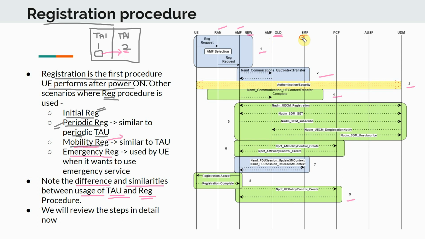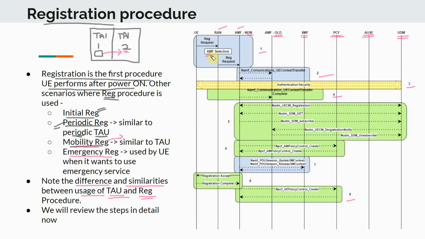Then we have the session management function, the policy control function, the authorization user subscription function, and the unified data mediation function. Initially, when the UE sends a registration request, the radio access network selects the AMF, the access mobility function, that needs to be used for processing this registration request.